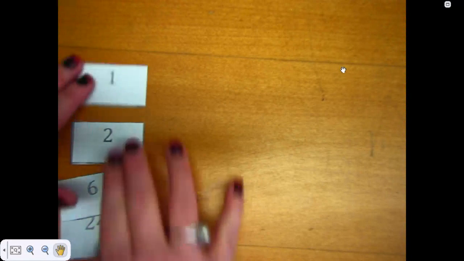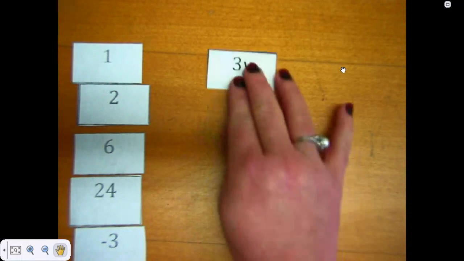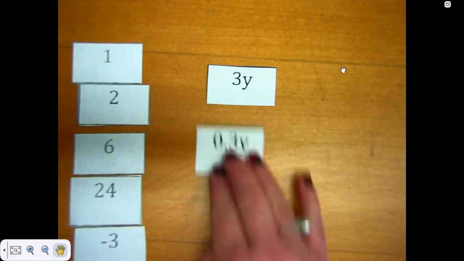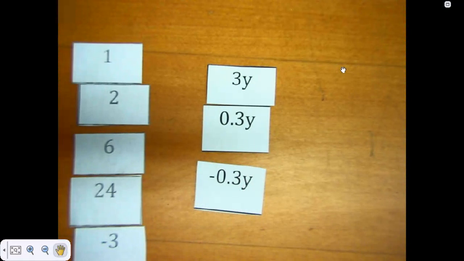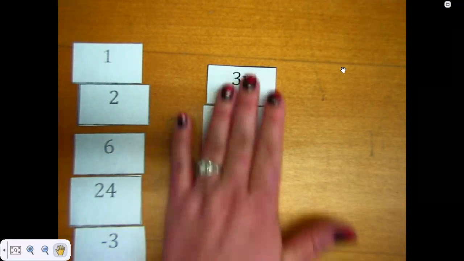So the way they should be grouped, you would have whole numbers. And it's okay if they're negative or positive, they're the same, they're whole numbers. You could have variable y, and it doesn't matter if they are decimals or fractions. If they have just a y with them, they can go together. We could have variable x.